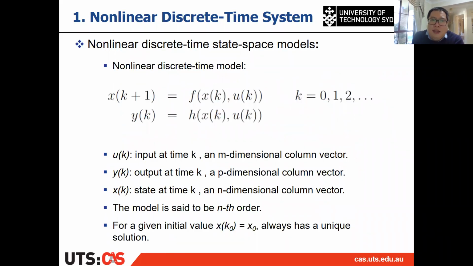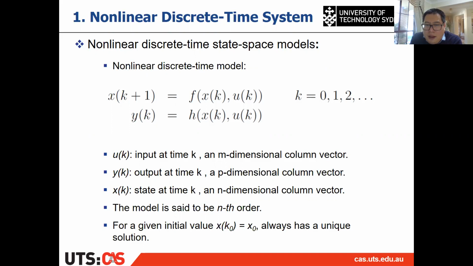So in the nonlinear case, the difference is we use f and h instead of A, B, C, and D for the difference function and also for the output functions. Then the difference function f is a function or a set of nonlinear functions, right?